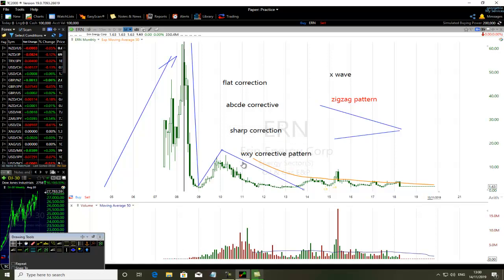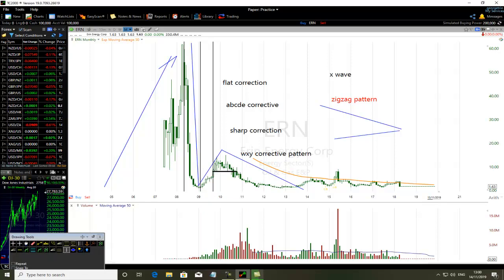Okay. Is it a WXY corrective wave? So sometimes they may say, George, it's a WXY corrective wave because, George, here is your W, a sharp correction. That's my W, George. Okay.